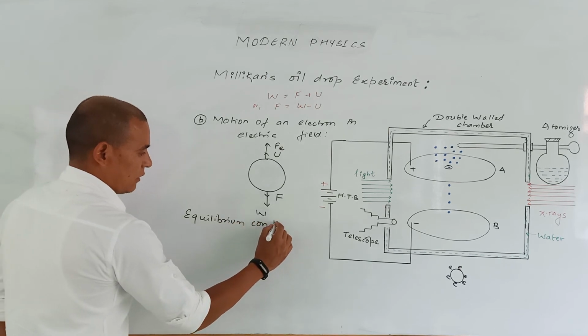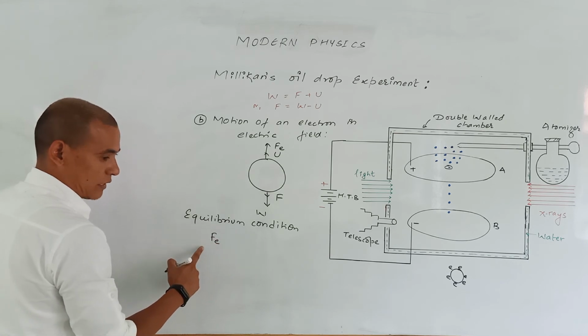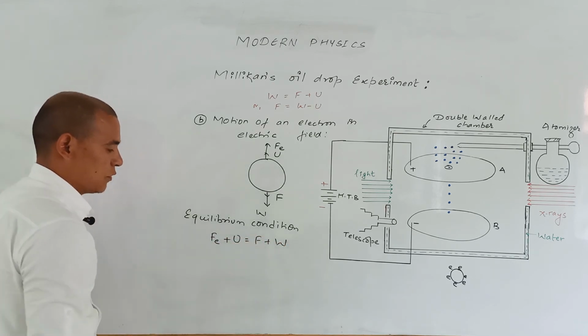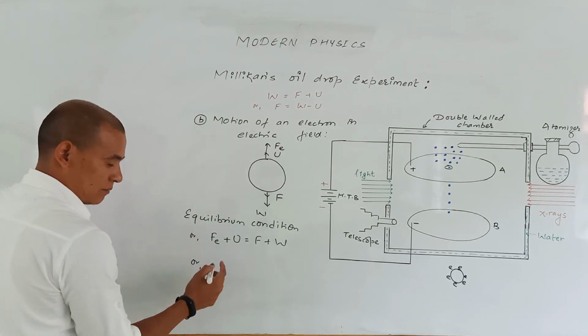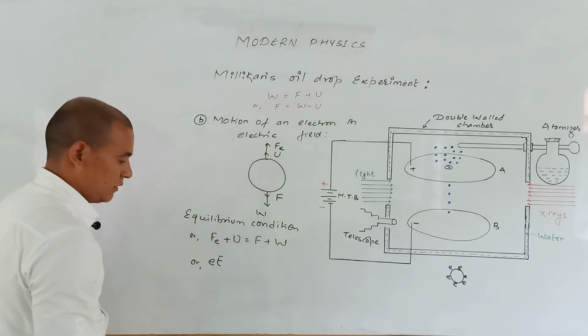Under equilibrium condition, the force acting upward, that is the force due to the electric field plus the upthrust, will equal the viscous force plus the weight. The force due to the electric field we can replace by E times e.